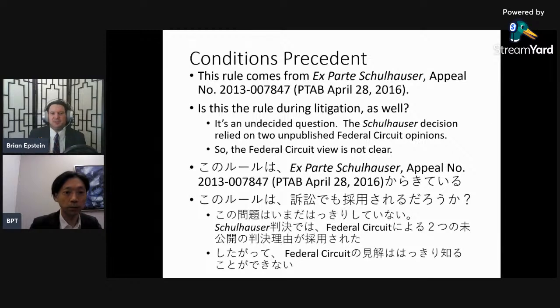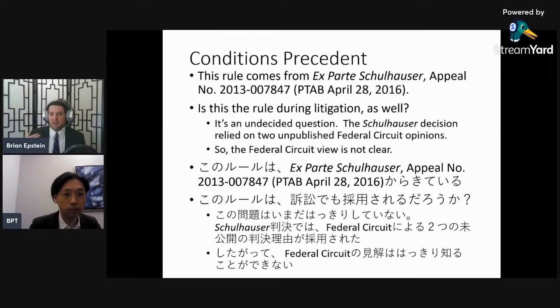The Schulhauser decision is based on two unpublished Federal Circuit opinions. So there is some precedent at the Federal Circuit to adopt this approach. But I've read the opinions, and I think they're very fact specific.